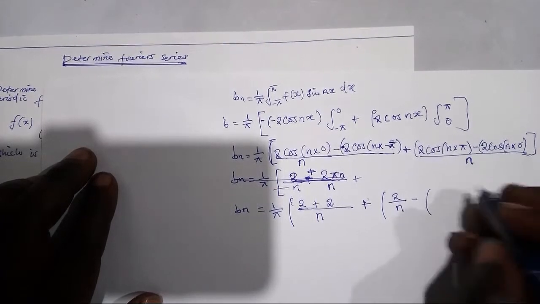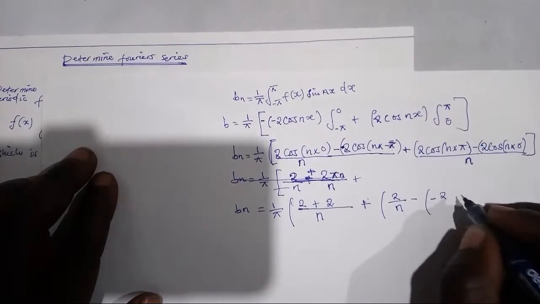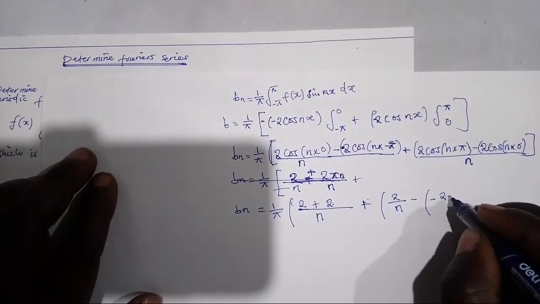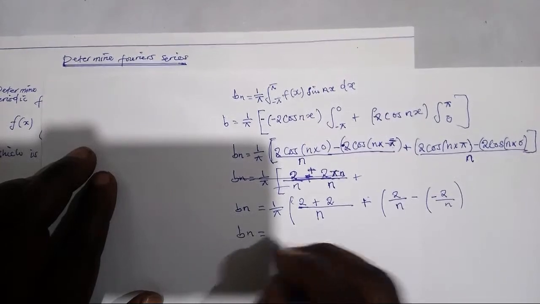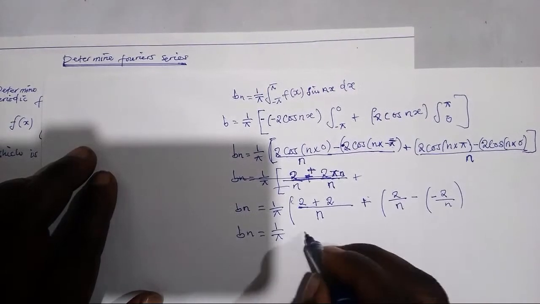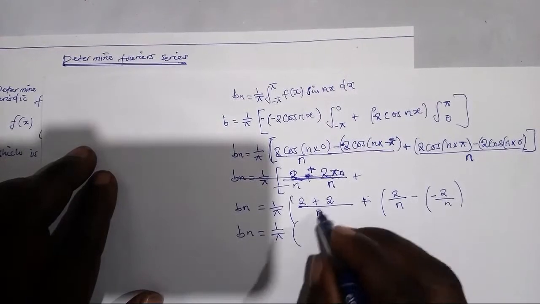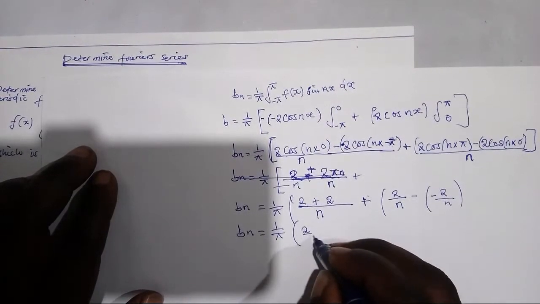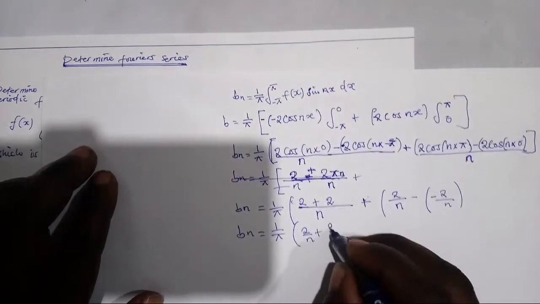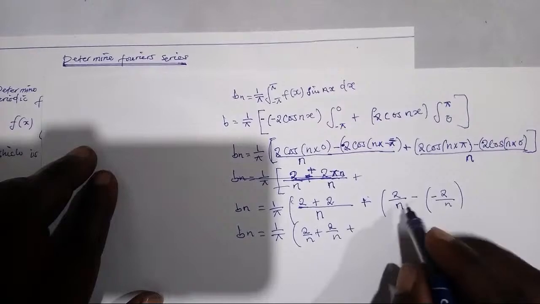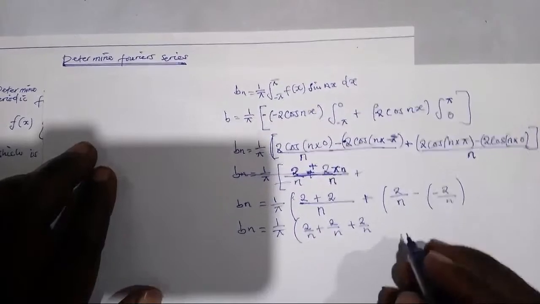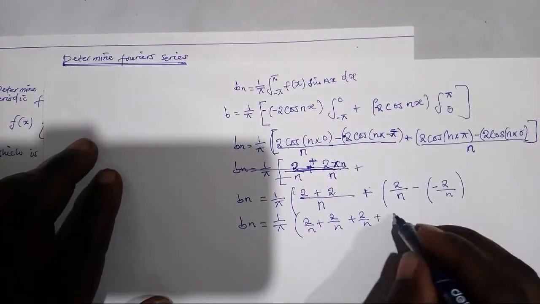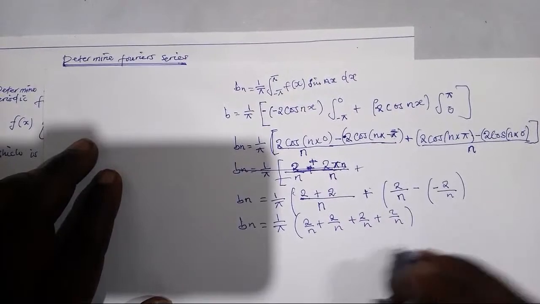So because of this negative, we are going to have minus 2 over n, okay? Then bn will be equal to 1 over pi, then open bracket 2 plus 2. This one we can separate as 2 over n plus 2 over n plus this one 2 over n. The negative times negative is positive, okay? So you're going to have plus 2 over n. Then you close brackets.